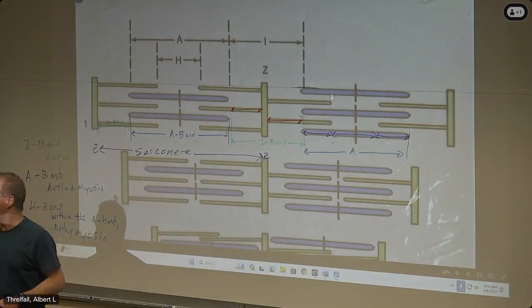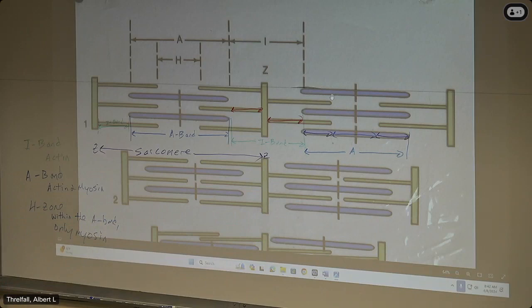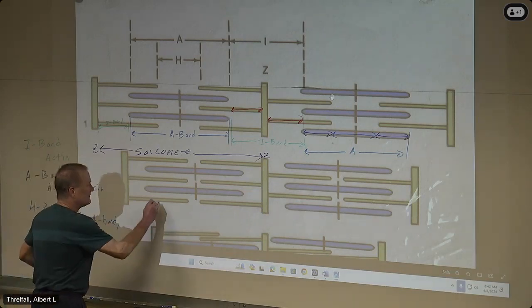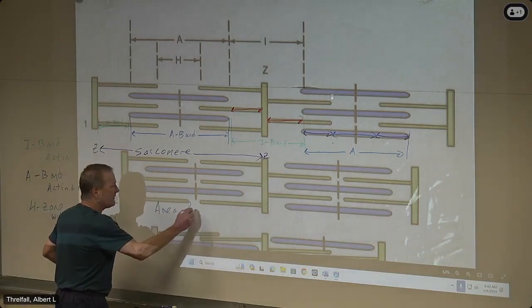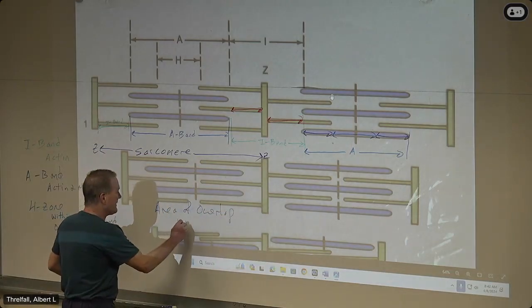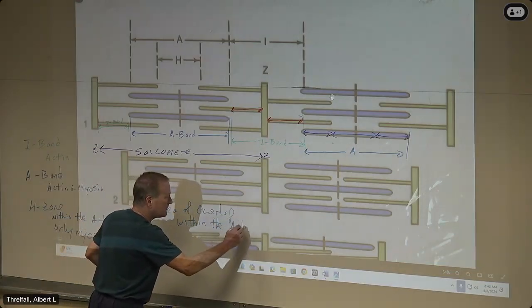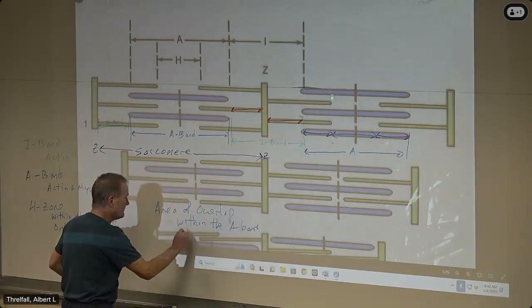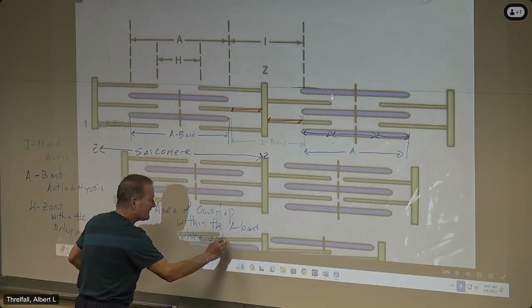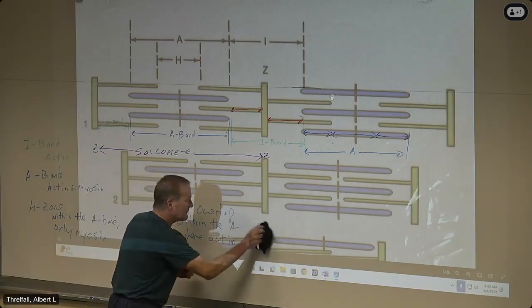It's extremely descriptive, but there are a lot more letters left in the alphabet. Why didn't they pick one? Just dumb. So, area of overlap. So that is within the A band, where actin and myosin overlap.